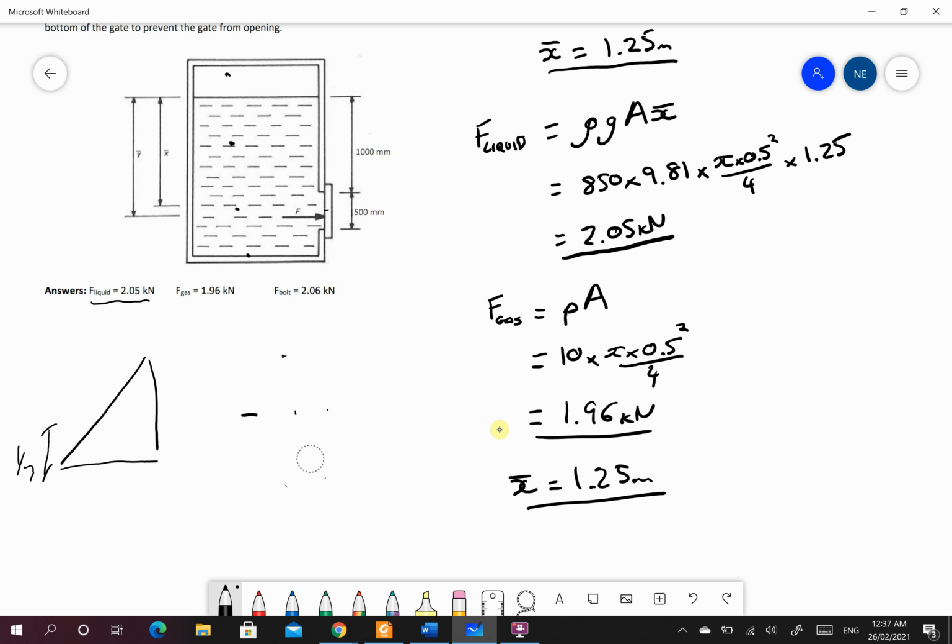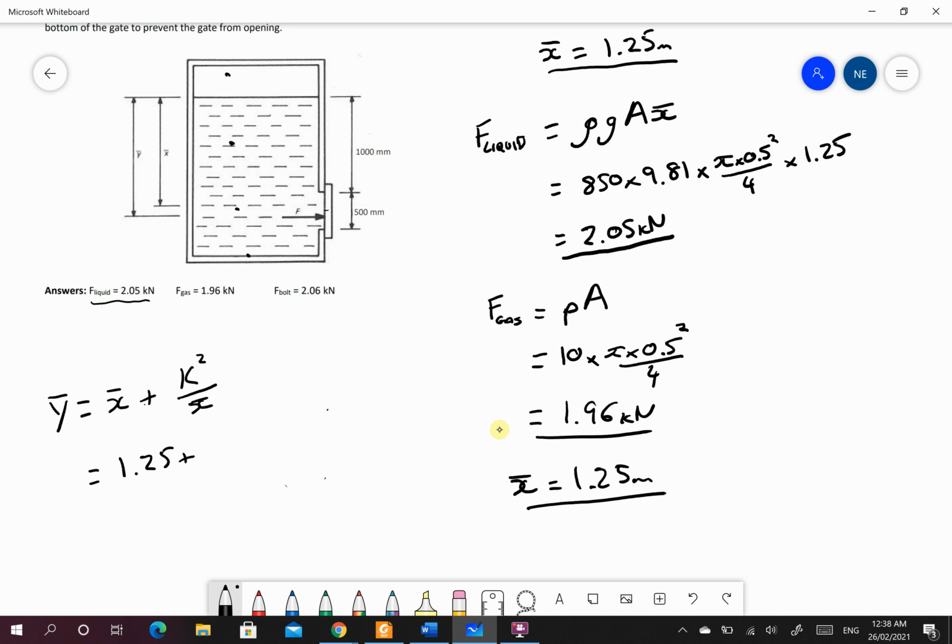However, for the liquid, we need to calculate the y bar. So y bar, for where the liquid force is acting, is equal to x bar plus k squared on x bar. Being circular, we get a different formula here, but we end up with 1.25 plus, so go back through your notes and you can work out the k.